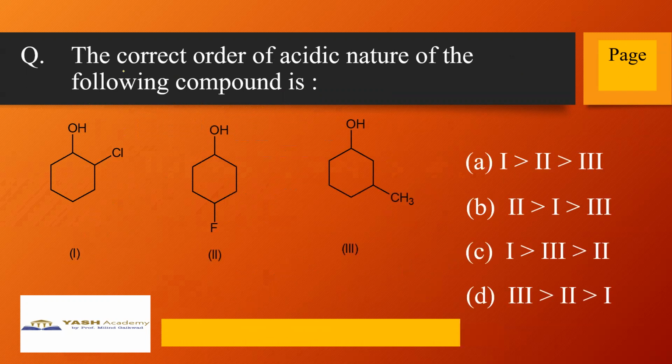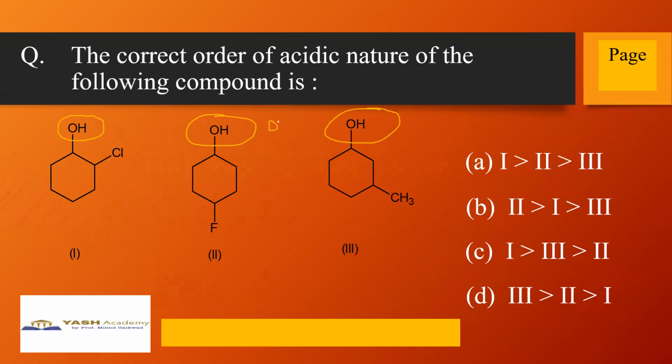Next, the correct order of acidic nature of the following compounds is. You are given 3 compounds and you are asked to find out the correct order of acidic nature of these compounds, which is given in 4 options. Now, what is common in all the 3 compounds? There is OH group.